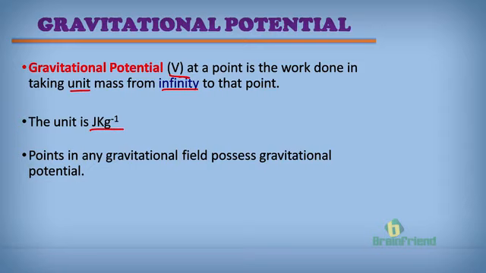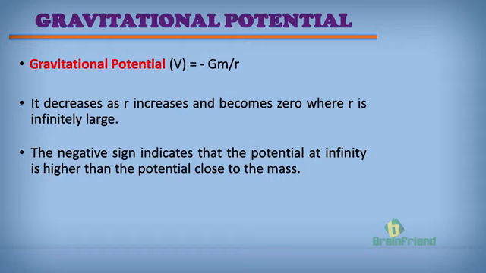Now, points in any gravitational field possess gravitational potential. At every point in a gravitational field, there is a gravitational what? Potential. There is work needed to be done. To calculate gravitational potential, there is a formula for doing that. And the formula is what?